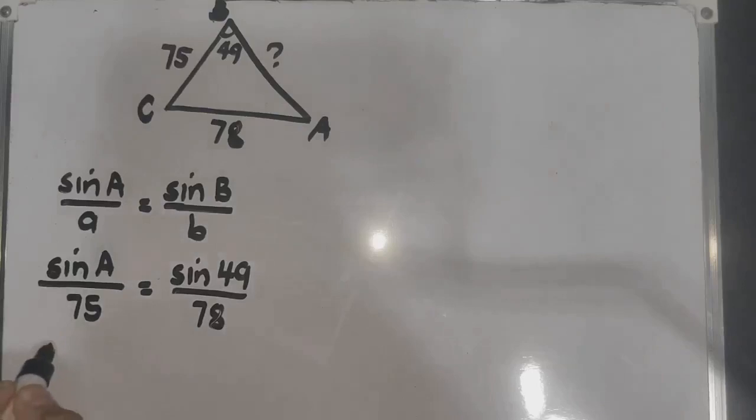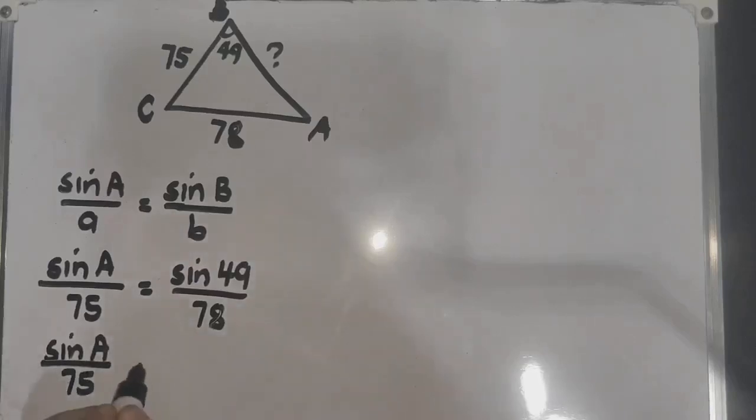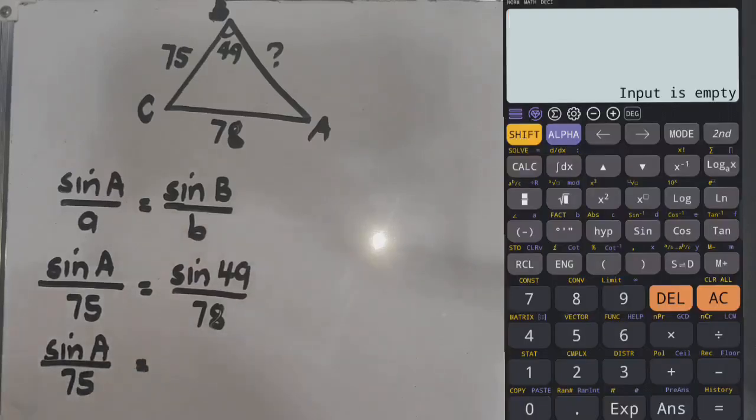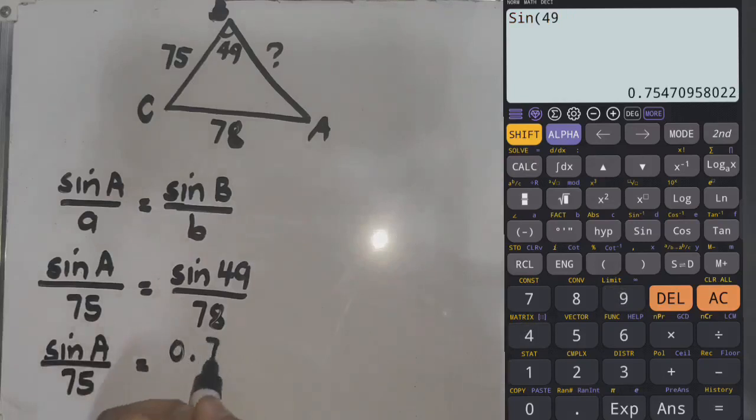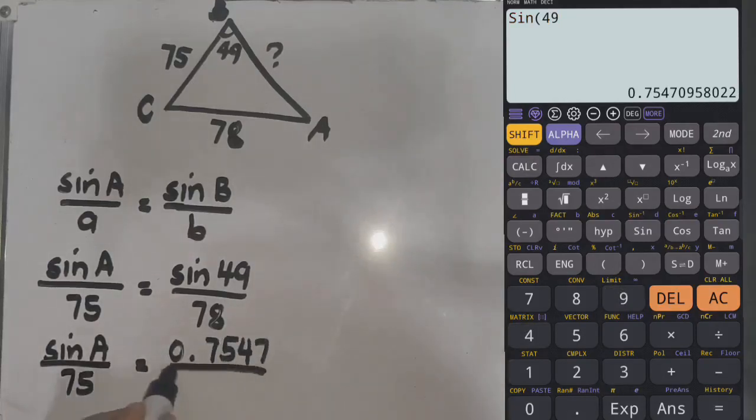So bring down natin yung sine of A over 75 is equal to, the sine of 49 degrees is 0.7547 over 78.